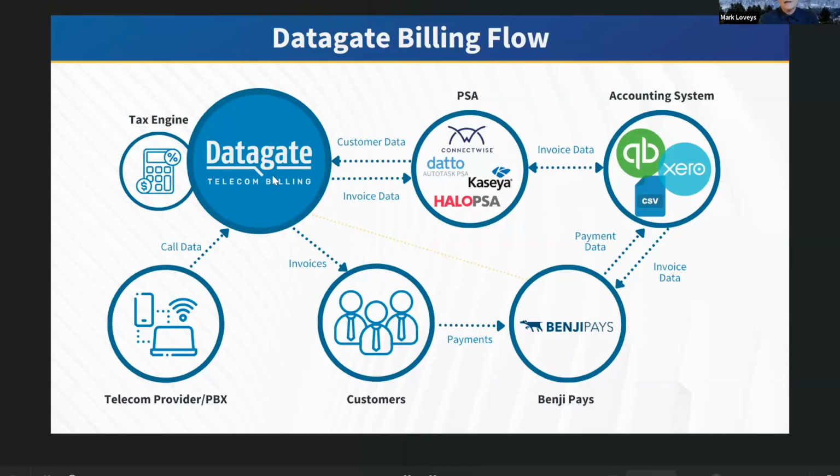But more importantly, the invoices it generates can be sent through to the PSA system if the MSP is using ConnectWise PSA or Halo PSA or Autotask, very popular solutions used by MSPs. And if they don't use a PSA, it can go straight into their accounting system. The most popular ones there for MSPs are QuickBooks and Xero.